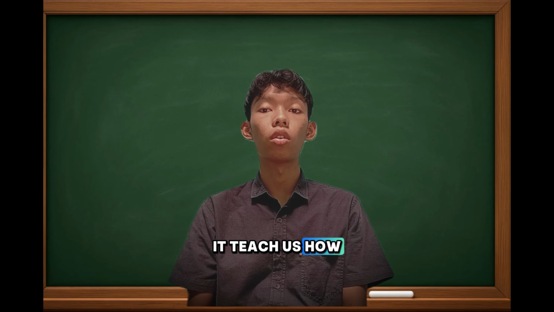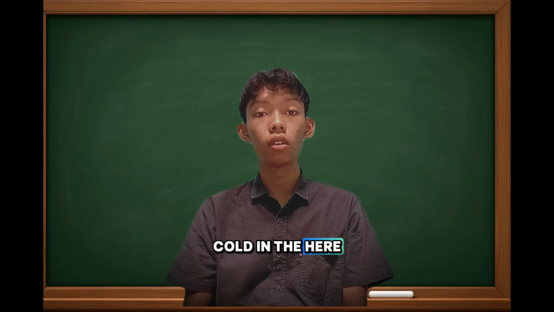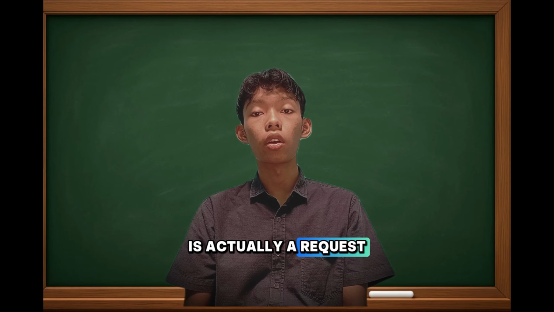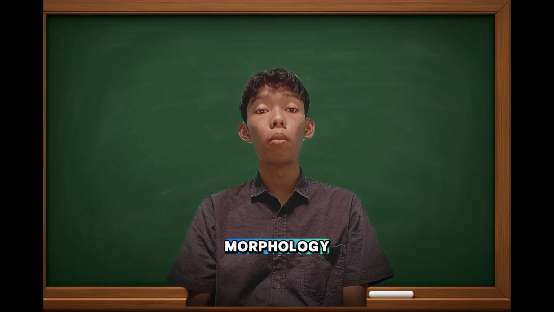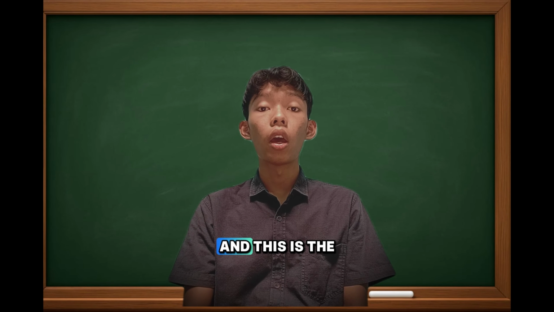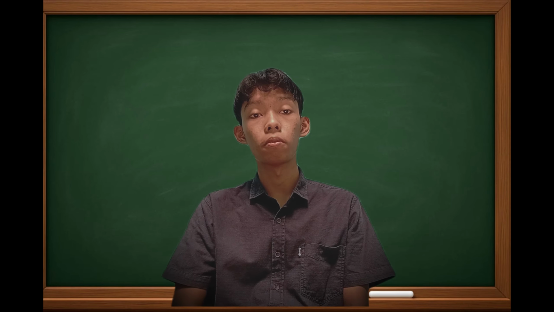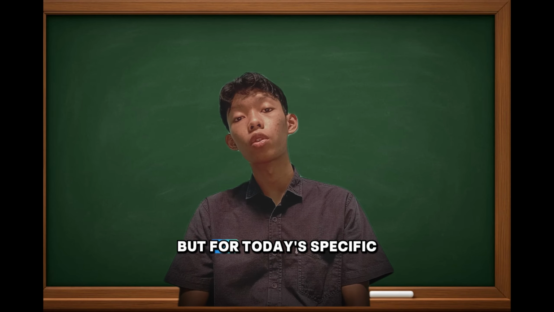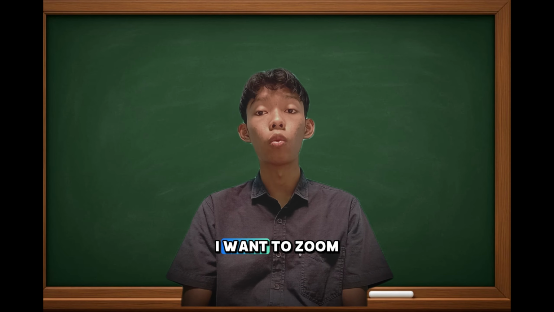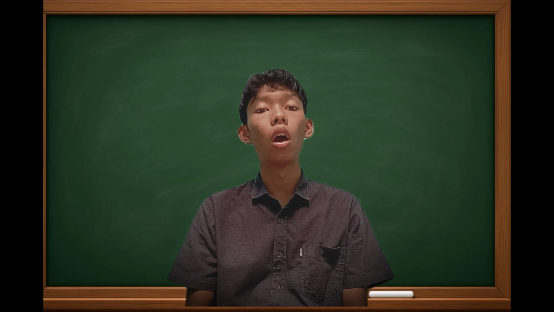It teaches us how to be polite, like understanding that "it's cold in here" is actually a request to close the window. And finally, morphology. This is the study of word formation and structure. All these parts must work in harmony, but for today's specific lesson, I want to zoom in on the fundamental building blocks: morphology.